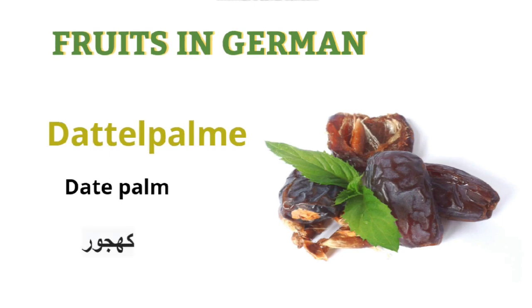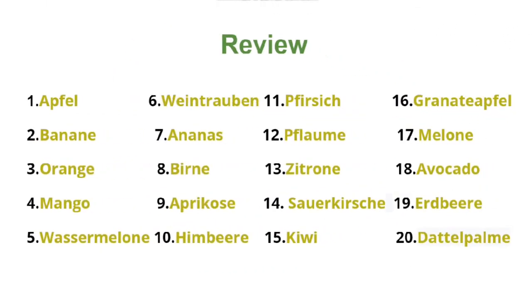First fruit is Apfel. Here the letter A gives the sound of A in German language, that's why it is called Ap. And E gives the sound of A, that's why it is called Fel. Apfel. Next fruit is Banane. Here A gives the sound of A, that's why it is called Bana.